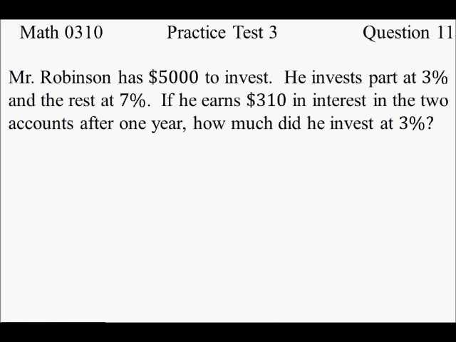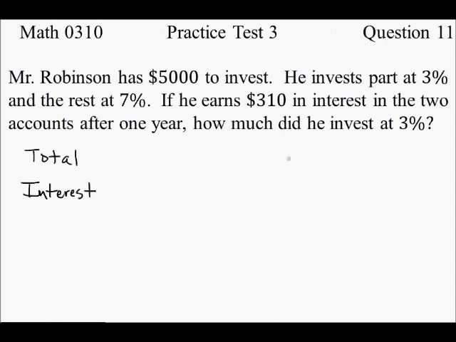Alright, so just like the coin problem, we want to look at our first equation involving the total of what we have here. And then we also want to look at something relating to the interest that we have. That's going to be our other equation.